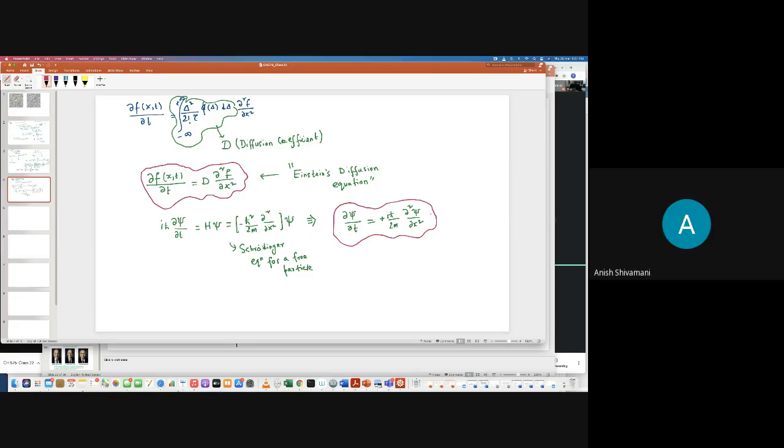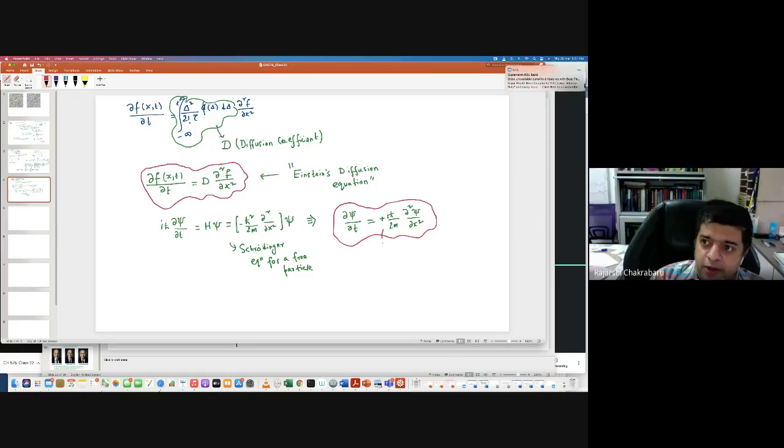Separating time and space. Because when you solve it, we took this as a boundary value problem, remember? Solving it using the separation of variables technique.